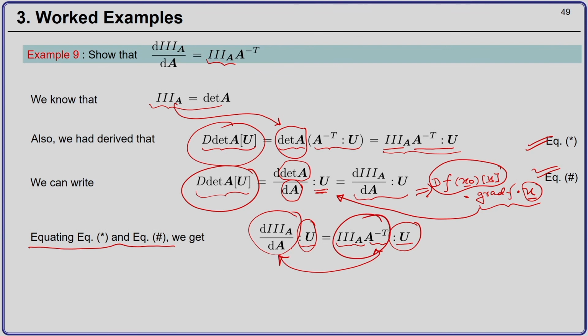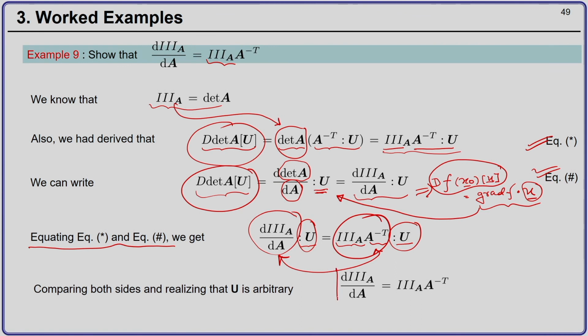If we compare both the sides, we can write the derivative of the third invariant of a second order tensor with respect to the tensor itself is nothing but the third invariant of the tensor multiplied by A inverse transpose. So, this relation again is a very important relation which will be used later.